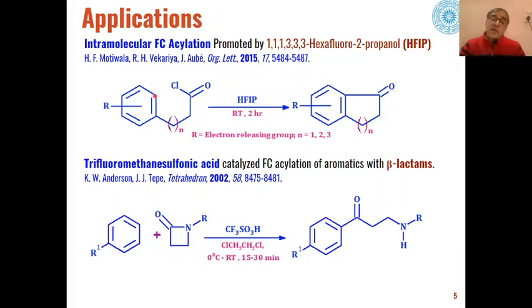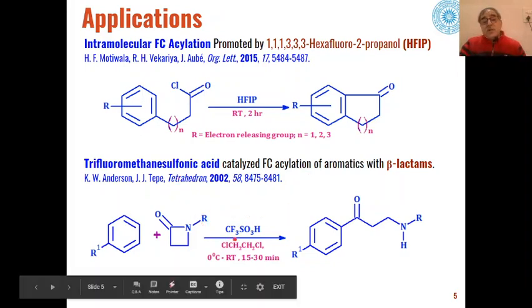Then the aromatic system will attack this electrophile, and cyclization will take place to give us these types of intramolecular Friedel-Craft acylation products. So aromatic ketones will be formed as the product.